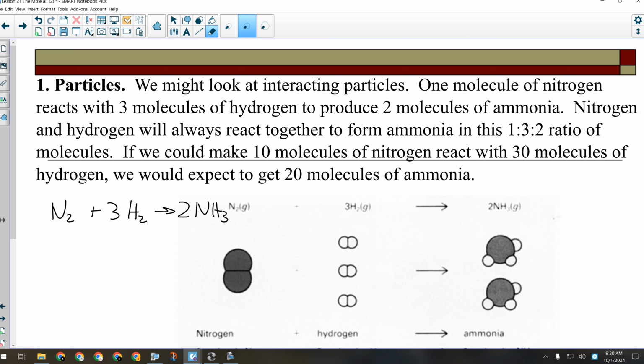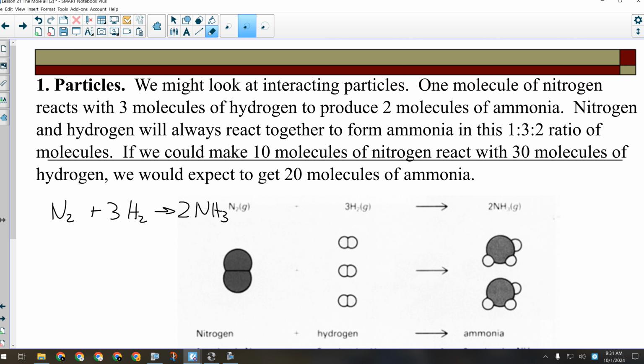Now we could look at that and say, this reaction means that 1 nitrogen molecule reacts with 3 hydrogen molecules to produce 2 molecules of nitrogen trihydride. Would we even notice that reaction if we were talking about those amounts? No. That would be such an incredibly small amount that we'd never even know that reaction happened. While it's true that's exactly how it would go, we would definitely deal with this in bigger amounts.